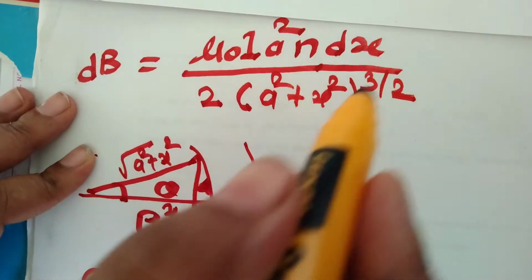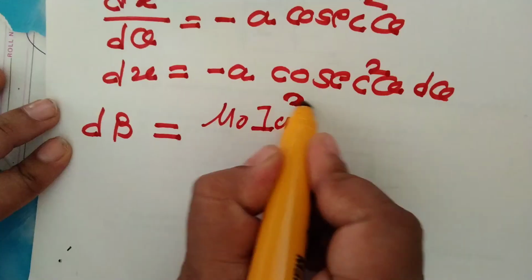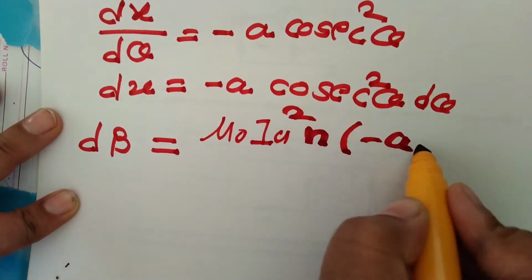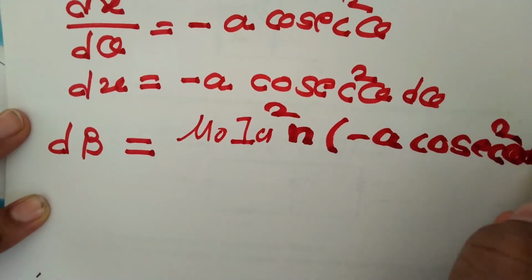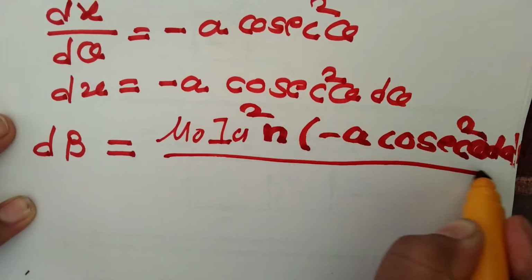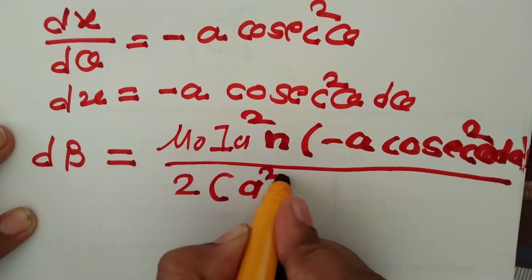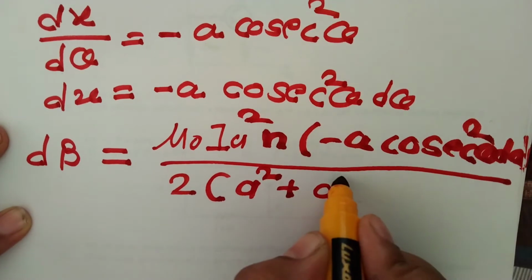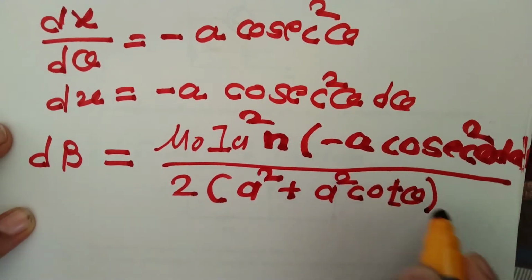Put the value of dx here, then we will get mu naught a square n into minus a cosec square theta d theta divided by 2 into (a square plus x square) raised to 3 by 2.